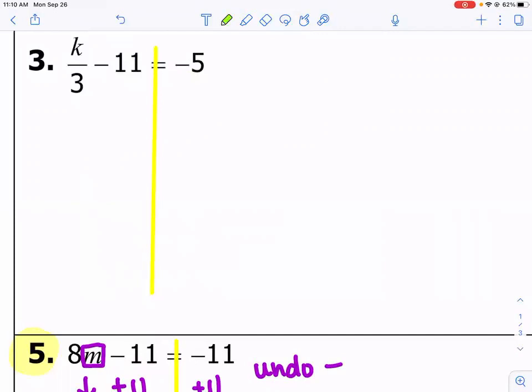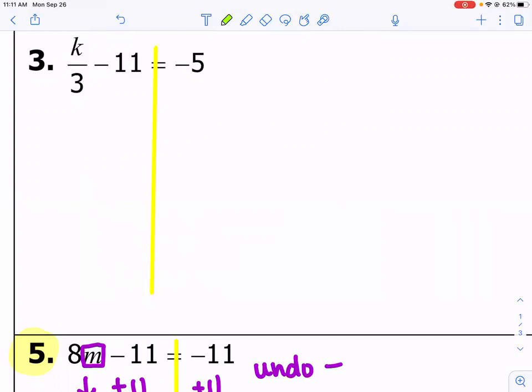Okay. Now, this problem looks a little bit different. Raise your hand and tell me how. Thank you for raising your hand, Ryan. Jada. K is being divided by a number instead of multiplied. Okay. We are still going to attack this in the same fashion.